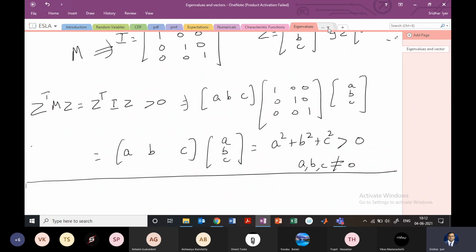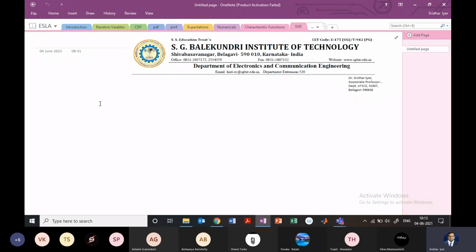Okay. So now we'll move to the last concept in this module, and that concept is known as singular value decomposition, in short, SVD.